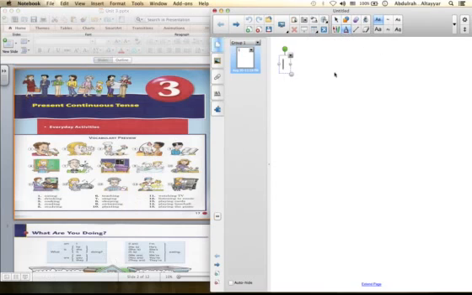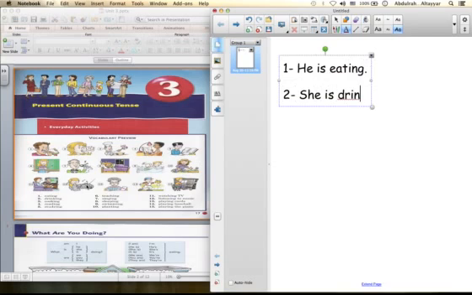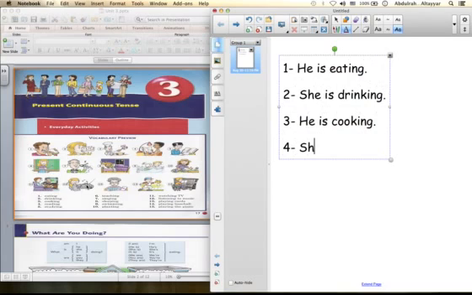For example, let's look at number 1. What is he doing in number one? What did we say? He is eating. Number two, she is drinking. Number three, he is cooking. Number four, she is studying.